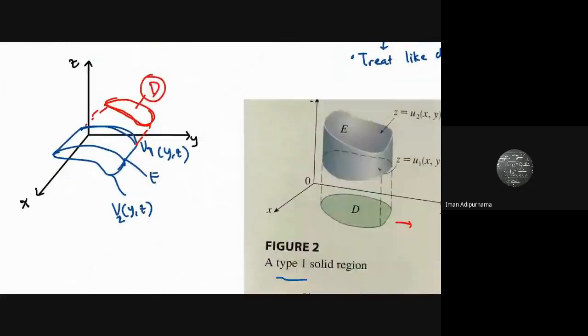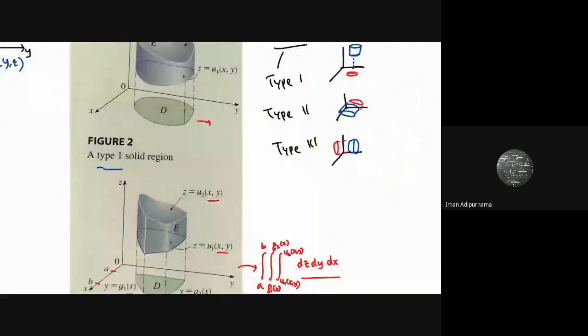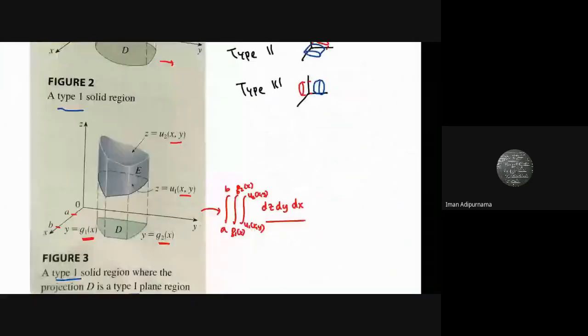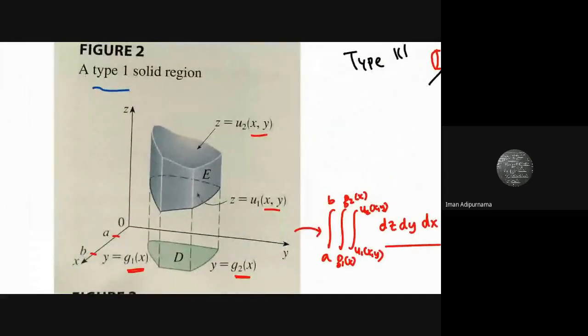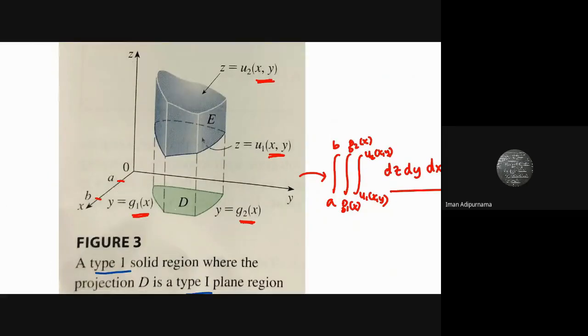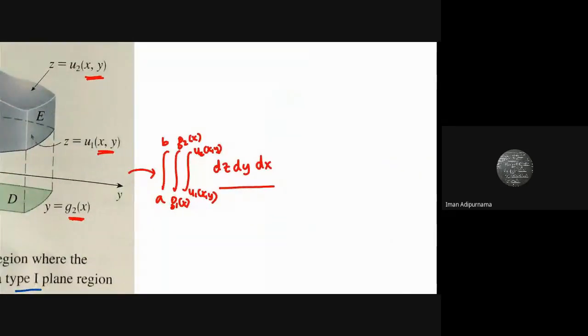Like I told you before, when you have this kind of information, you know z is a function of xy, and y is a function of x, so it should be dz dy dx. You don't really need to ask, is it type 1? Is it type 2? What will the projection be? That's not important. Okay, I hope you get my point.